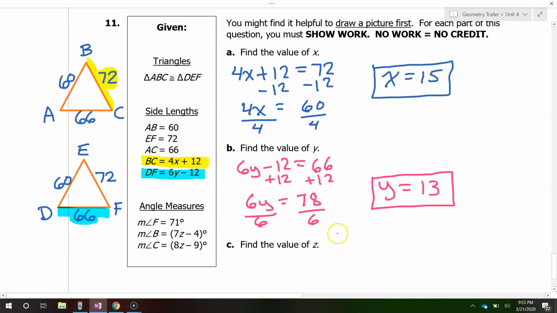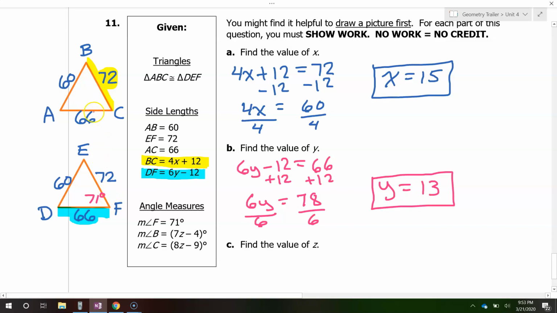All right, time to find the value of z. Okay, so z is down here. We're dealing with angle measures now. So let's fill in some things. So angle F is 71. So here's angle F. So this angle is 71 degrees.